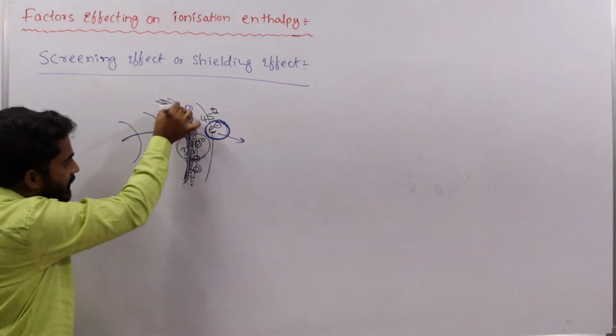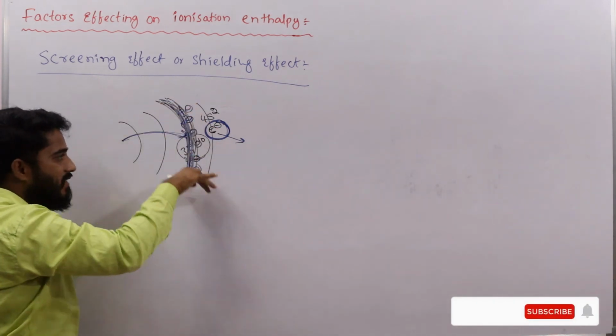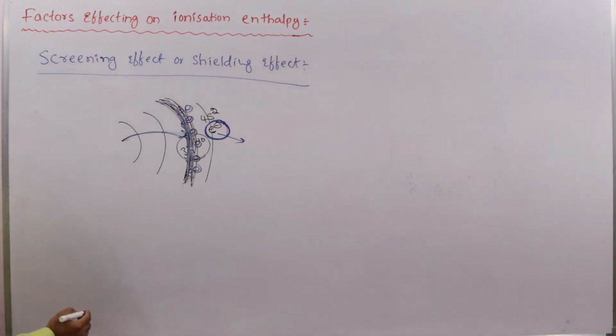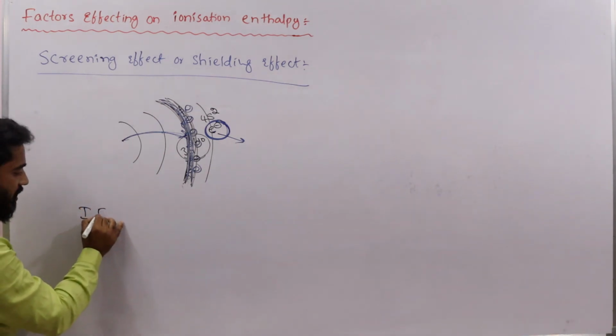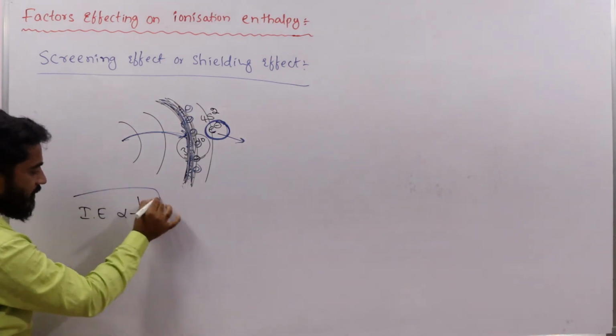If the screening effect is more, nuclear attractions on the outermost electron are less, and ionization energy is less. So we can say ionization energy is inversely proportional to the screening effect.